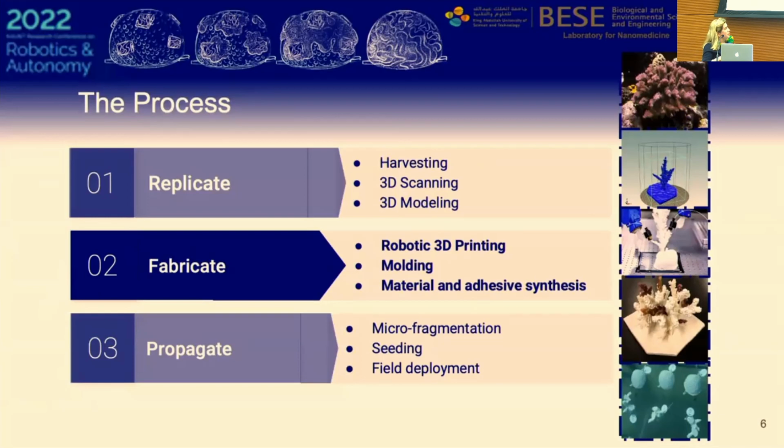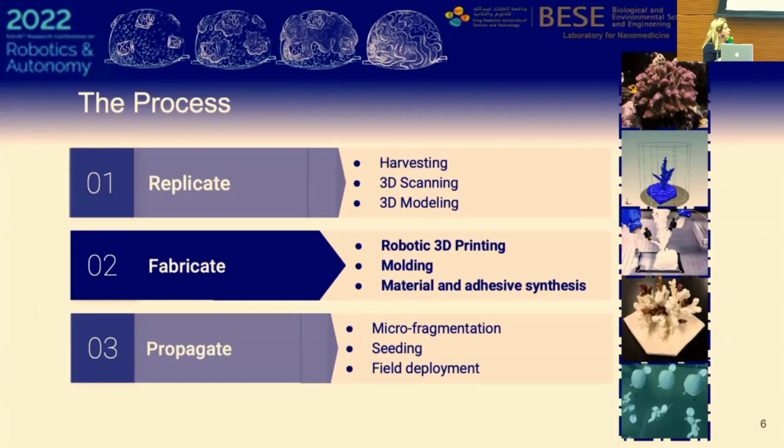We have another technology where we print molds in order to speed up the process, because printing takes a little while. Particularly in my lab, we are very strong in materials and adhesives, in material properties, and in finding eco-friendly, sustainable materials to help make this process successful.